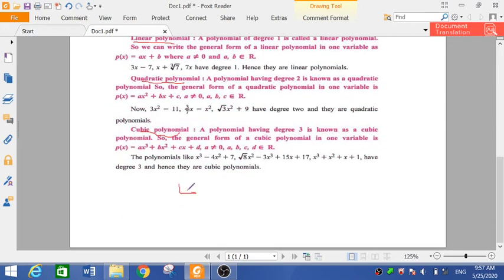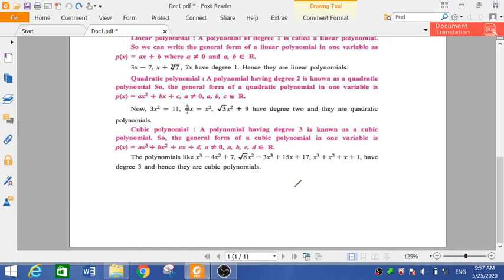If the question is 4x to the power 5 plus 4x square plus 1, what is the degree of the polynomial? The degree is 5, in one variable. What is the coefficient of x to the power 5? 4. So in one question you have to write the coefficient of each term.